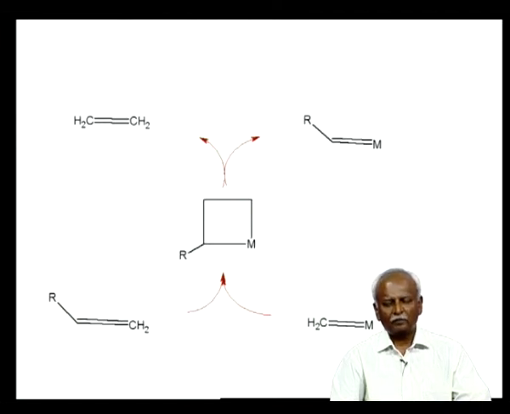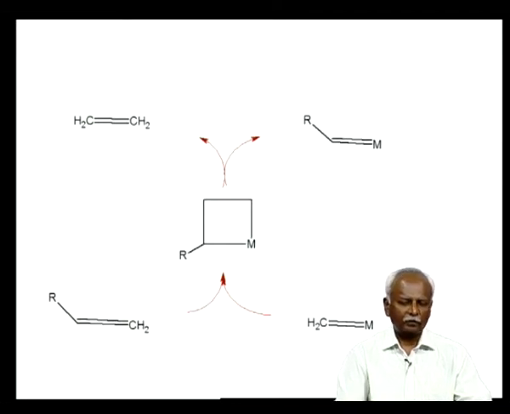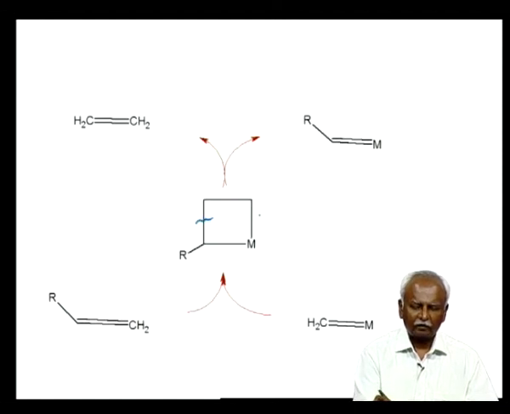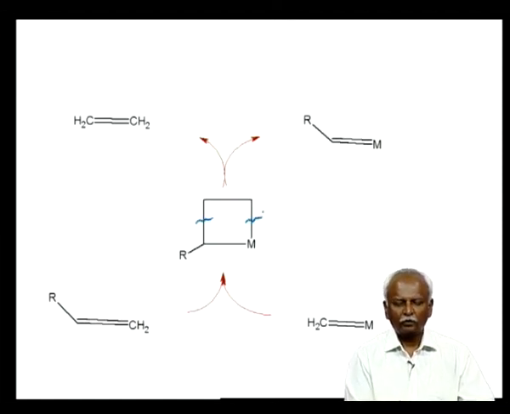And so, let us break the ring in a slightly different fashion, which means I break it like so. Then I would end up with a metal carbene which is different from what we started out with.